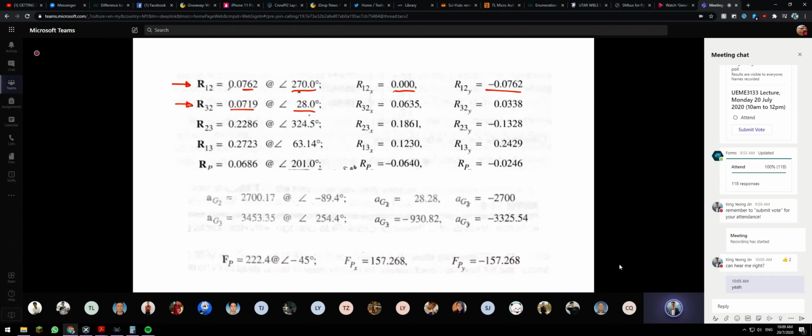maybe before we go there, how do you calculate the R12X? You just take R12 cos 270. And this is R12 sine 270.